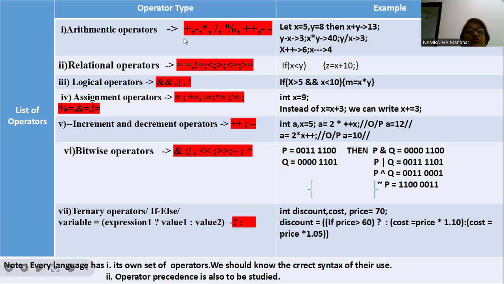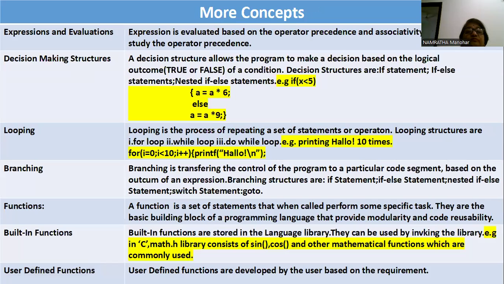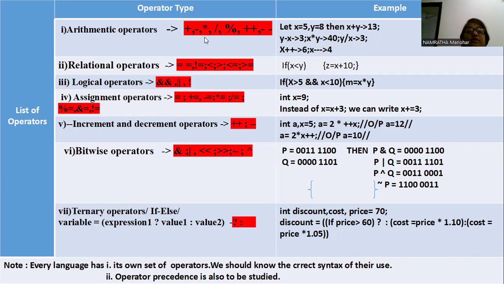Arithmetic operators used in C language are plus, minus: addition, subtraction, multiplication, division, and modulus.